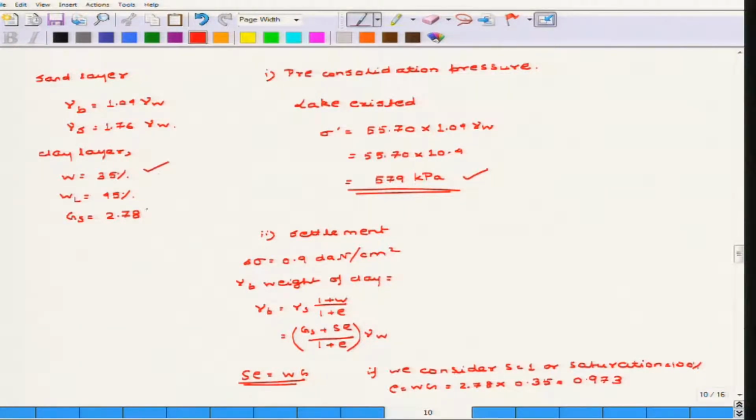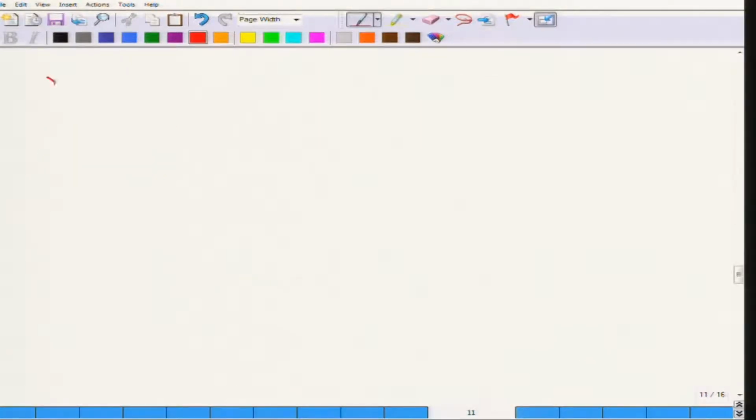w is given as 35%, G is given as 2.78. So, we get e equal to 0.973. So, moving to gamma b, (Gs plus Se) by (1 plus e) into gamma w. So, this comes out to be (Gs plus e) by (1 plus e) into gamma w.